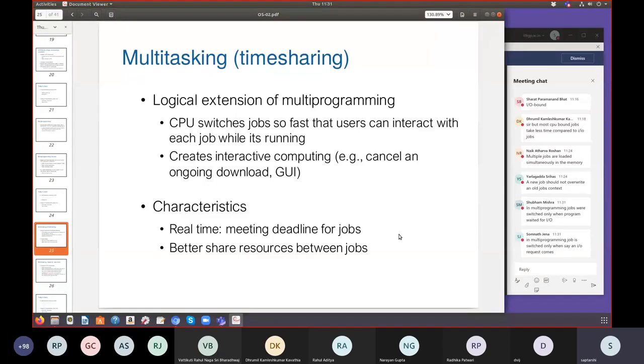We are not going to discuss that here, but if ever you take a course on real-time operating systems, then you understand that strict guarantees can be given that this job will be completed by so and so time once it is issued. Similarly, this kind of a system is complex, but it leads to much better sharing of resources between jobs. So that is the advantage we are getting. But of course, we have to pay several costs for getting these advantages.